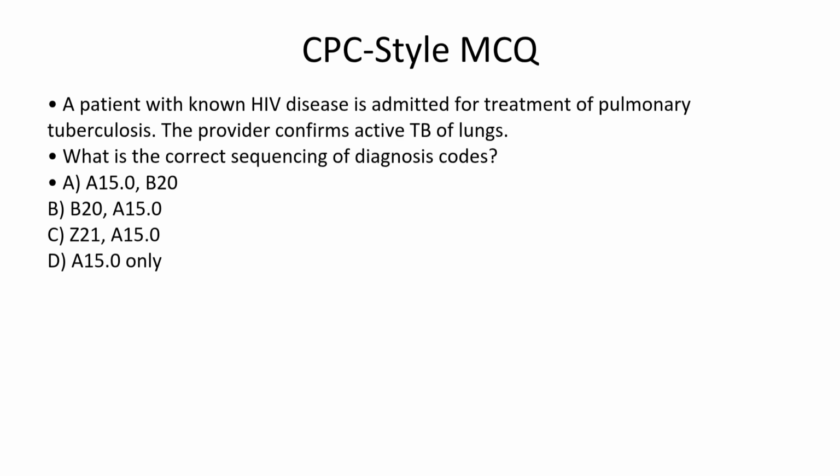So the correct answer is option B, B20 followed by A15.0. Option A is incorrect because sequencing is reversed. Option C is incorrect because Z21 is used only for asymptomatic HIV. Option D is incomplete because HIV must also be coded.